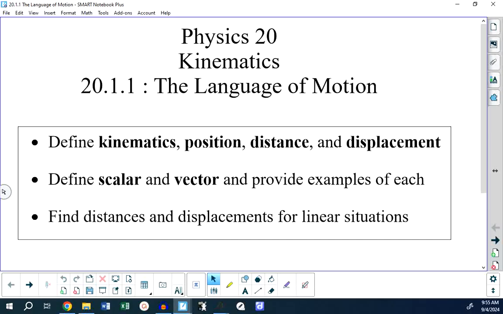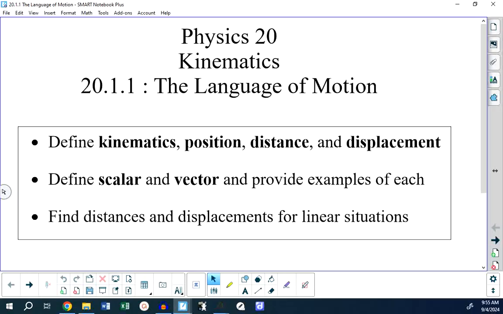Okay? The toxicity level is going to be too high in the probe, or the probe's going to crash. I mean, these are important issues that you have to make sure you're getting proper results for. So the language is all going to be used to get proper results, to calculate things the right way, not the wrong way. So we're going to be looking today at kinematics, defining kinematics.